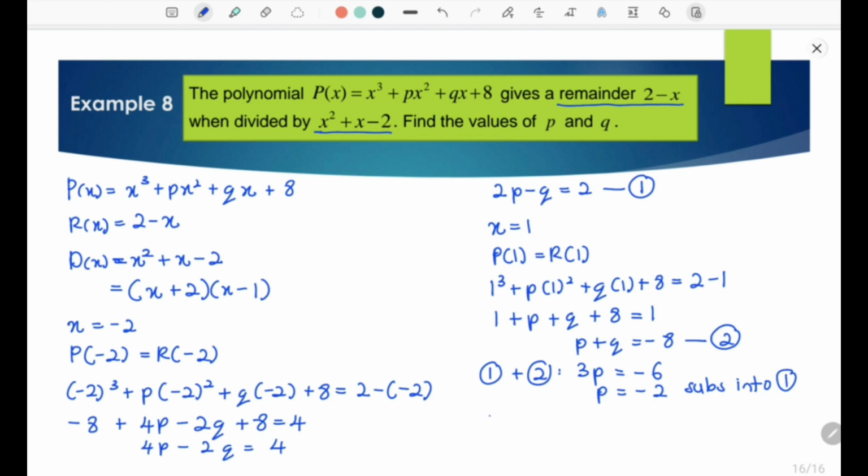So we have 2 times negative 2 minus q equal to 2. Then we have negative 4 minus q equal to 2. q equal to negative 6. So we can write the conclusion. Therefore, p equal to negative 2 and q equal to negative 6.